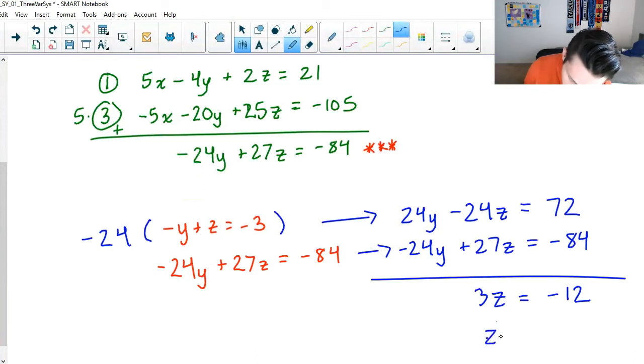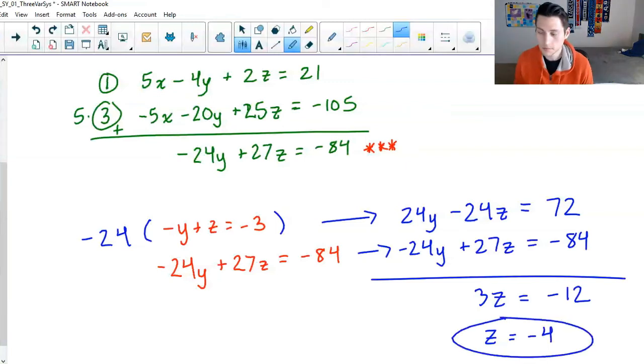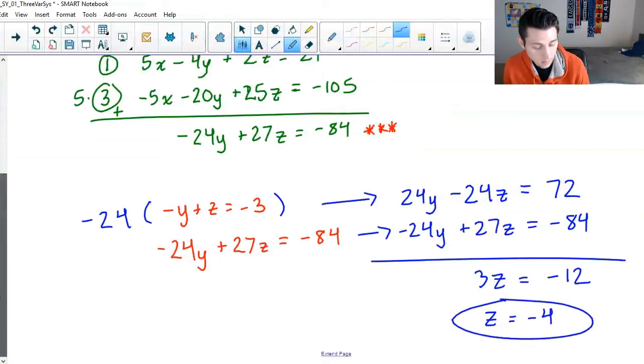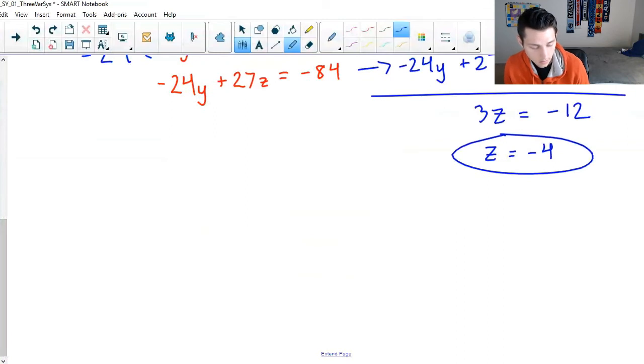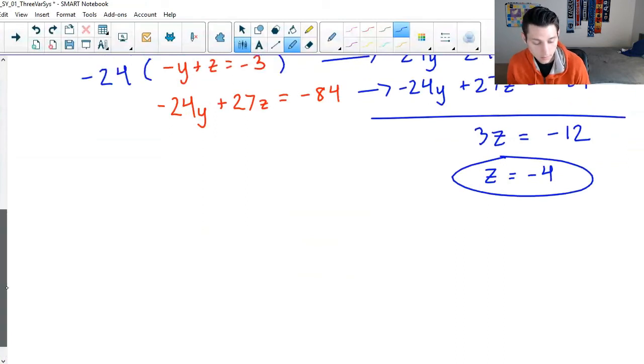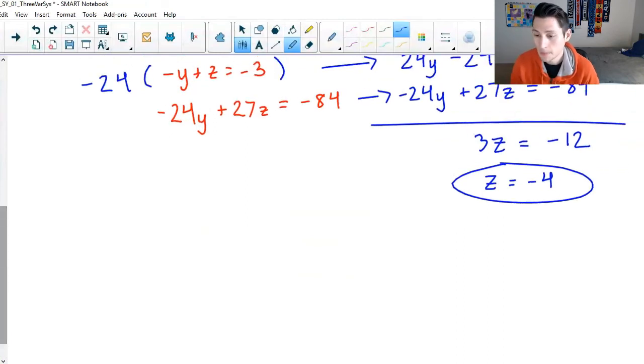Solve for z. Z equals negative 4. And then we'll just work our way backwards to figure out everything else. So let's plug in that negative 4 to one of those red equations.